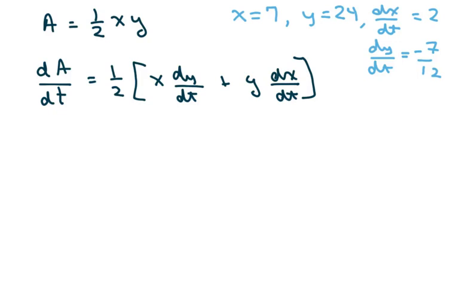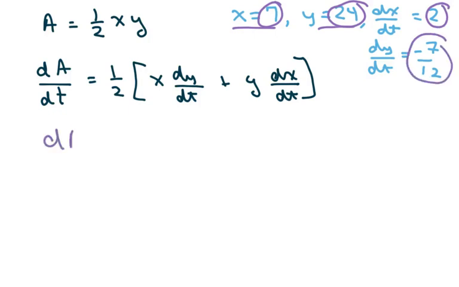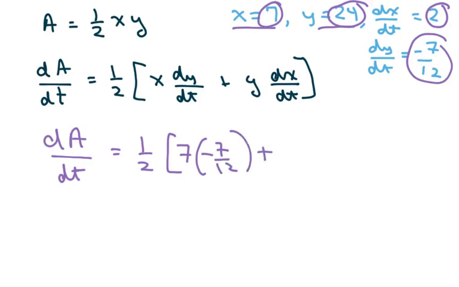So all I'm going to do is use my part A information and plug these 4 numbers in. So the derivative of our area, the rate of change of our area with respect to time, is 1/2. Our x is 7. Our derivative of y with respect to t is negative 7 over 12, plus our y, which is 24, times 2, which is the change in x with respect to time.